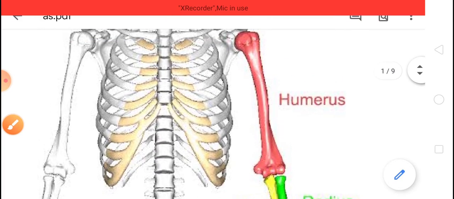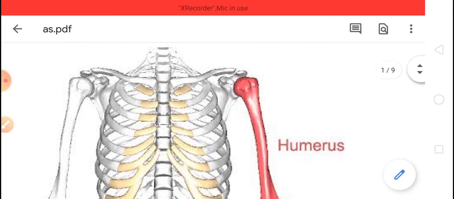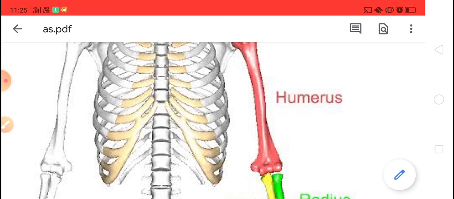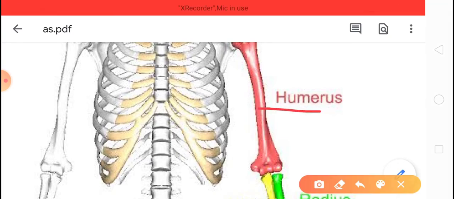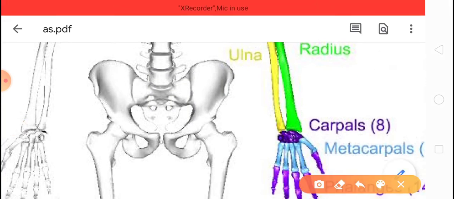The arm consists of long bones. Our upper arm has a long bone called the humerus. The lower arm has two bones, the radius and ulna.